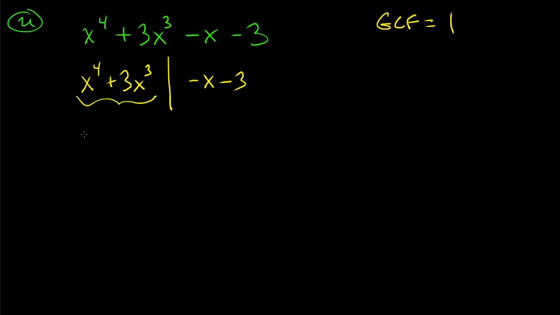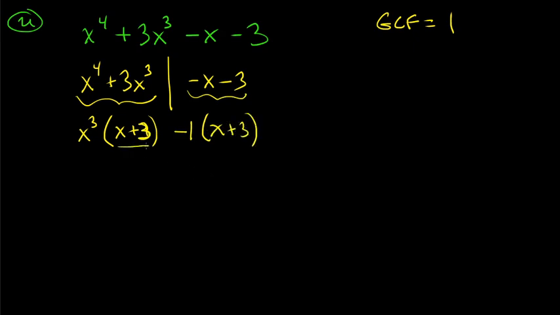So out of the first 2 terms, we can factor out an x cubed, leaving us with x plus 3. And then from the last 2 terms, all we can factor out is the negative 1, leaving us with x plus 3. Okay, so the x plus 3 is now our common factor.